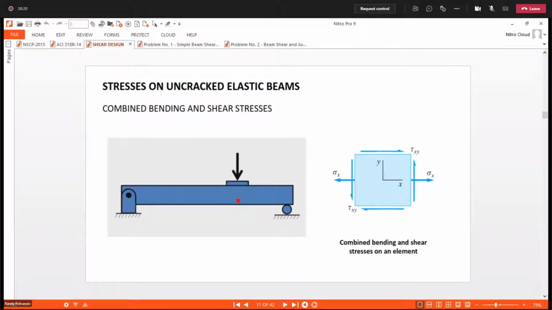So when we take bending stress, it is always perpendicular to the surface where it is acting, while the shear stress is always parallel to the surface where it acts.